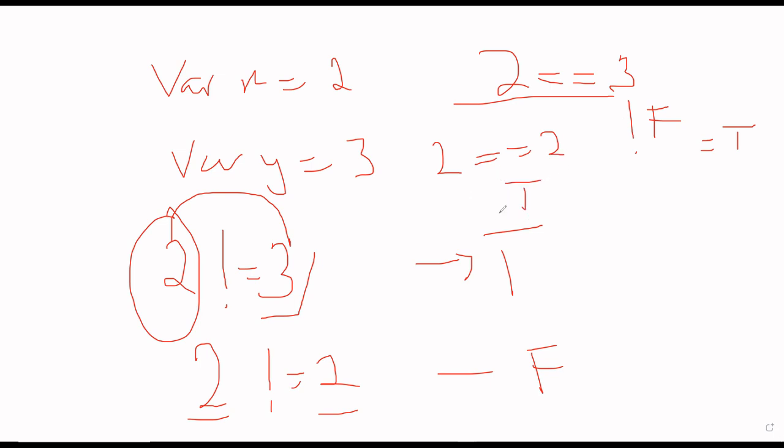Then you NOT it, and it will give you false. Thank you to the person that asked this question, because this NOT operator can be confusing at times. So evaluate the expression without the NOT first. Is 2 equal to 3? No, it's not. So that means it's false. Then apply the NOT. So NOT false is true.